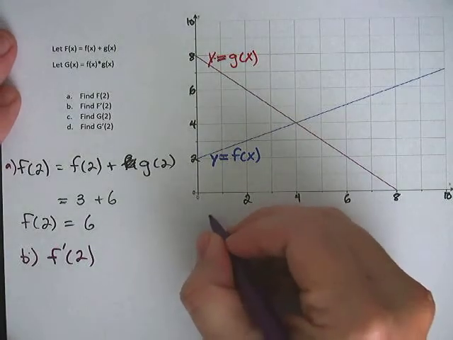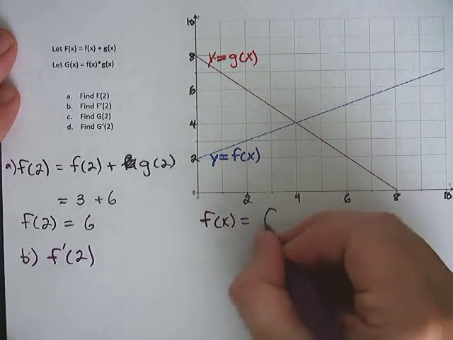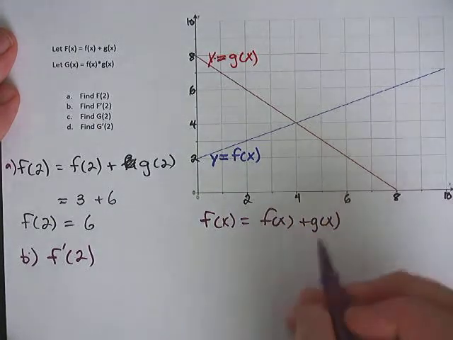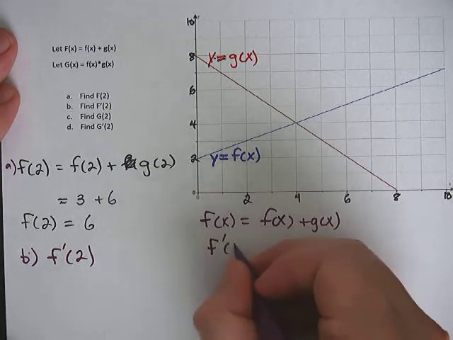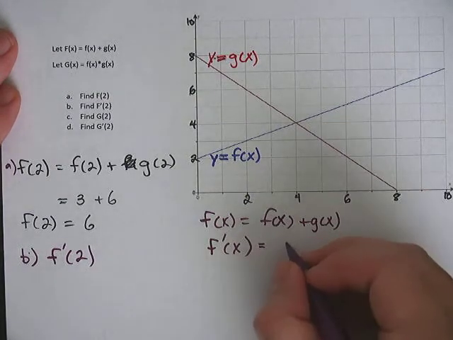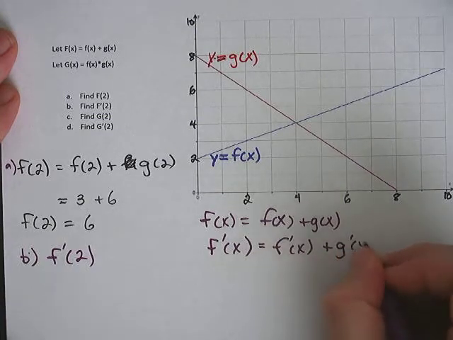Well, if you're given that capital F of x is equal to little f of x plus little g of x, then how do you take the derivative when you have a sum? Well, it's very easy. You just take the derivative term by term. So this would be f prime of x plus g prime of x.